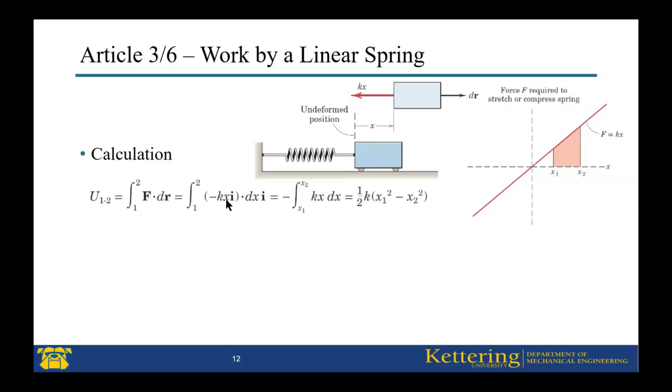You want to just run, and this string doesn't allow you to run. Does this cause positive work on you or negative work on you? Negative. Also from this equation, if you elongate the spring, because x2 will be more than x1, this term is more than this. This is negative. The work will be negative.